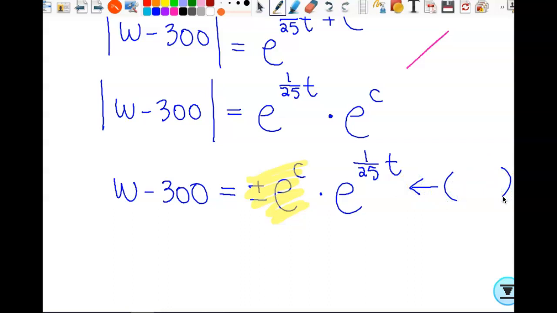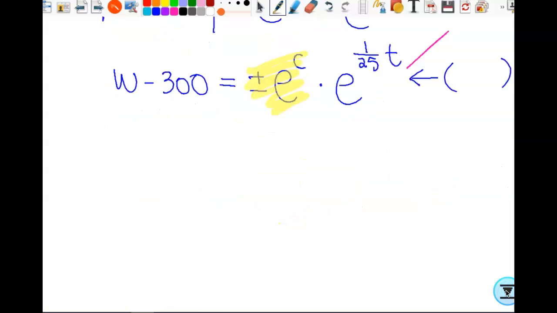Yes, ma'am? So what I did is I don't leave it as e to the c, because e to the c is a constant. Yep, absolutely. And this is one of the things I ask my students, like, what's your preference?